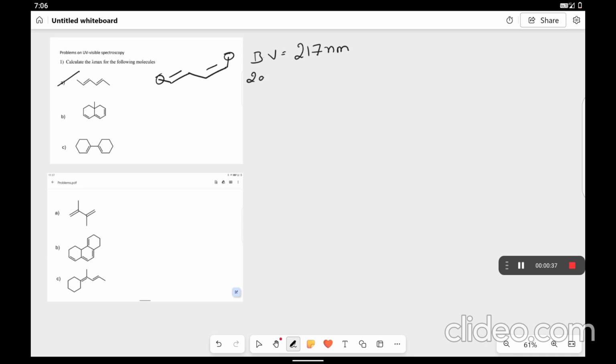For two alkyl substituents, we add plus 10 nanometer. Thus, on totaling, it gives the value of 227 nanometer.